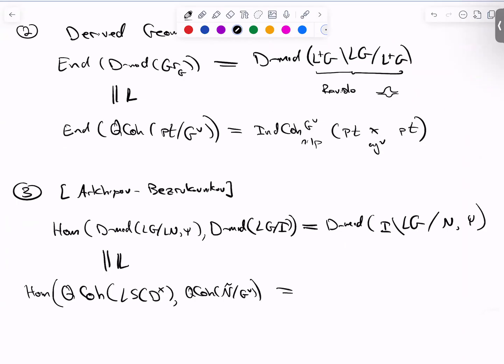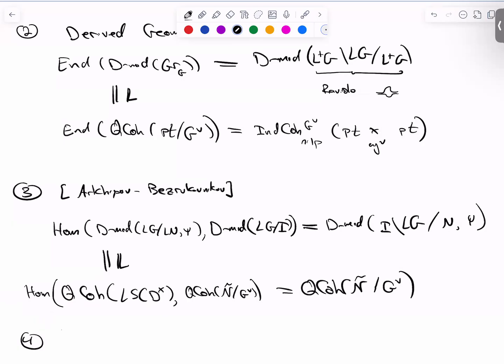Okay, so now the Hom here is happening over local systems on D check. So it's like saying Homs from an algebra to this space, which are linear over this algebra. You can cancel this out. So this is just quasi-coherent of n tilde mod G check. That's precisely what the AB equivalence is.